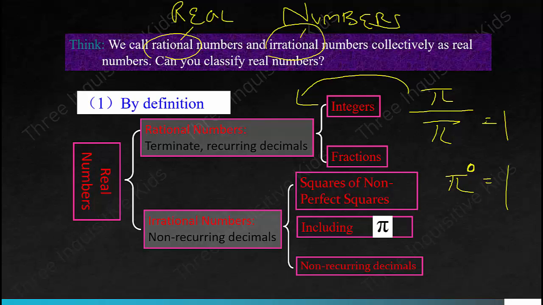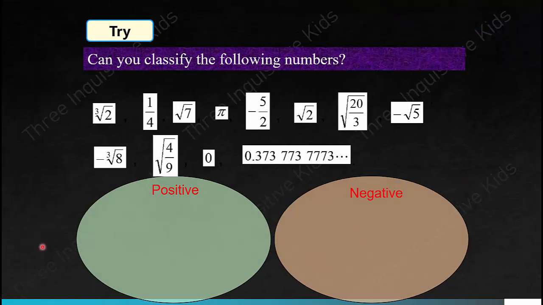And that's true for pi too. So it would also go into rational numbers. So that's just an exception. Try. Can you classify these following numbers? And this is going to be split into negative or positive.